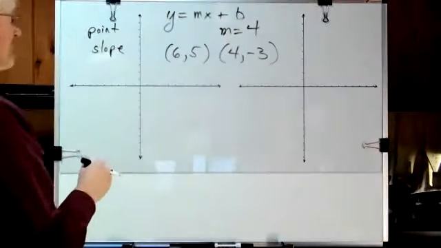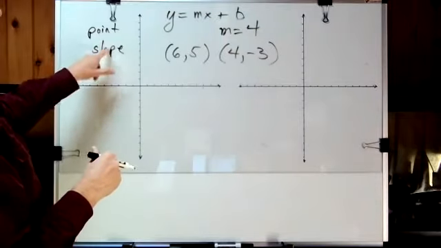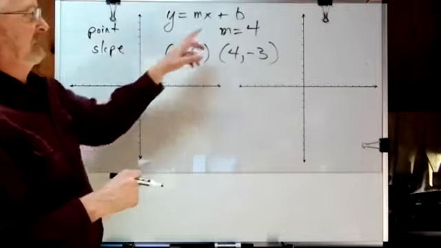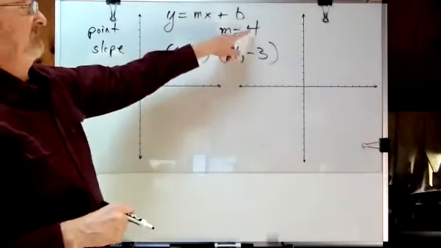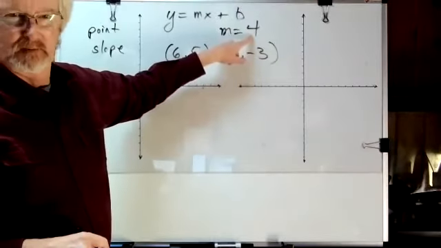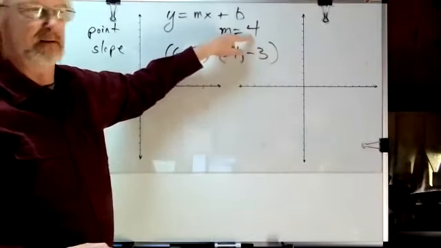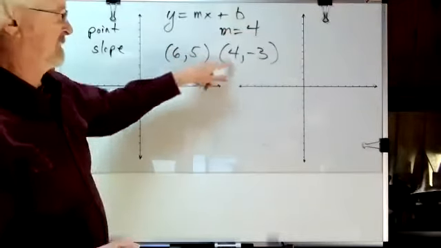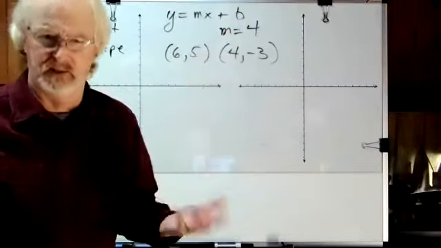Now I've got the slope. I'm going to use one of the points to solve for b. And I know the slope always multiplies the x value. It's good to understand that. So which x value is going to work better with that? Actually, it doesn't matter when it's a whole number.